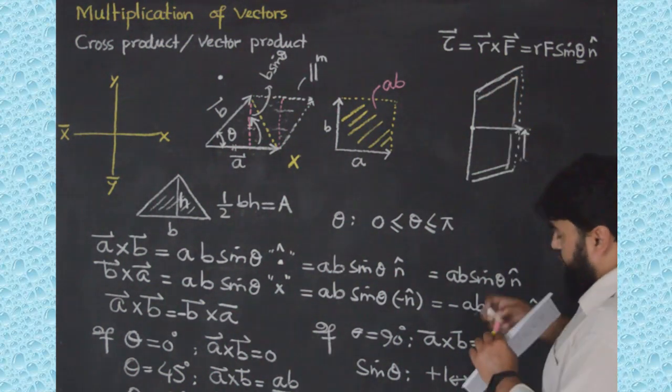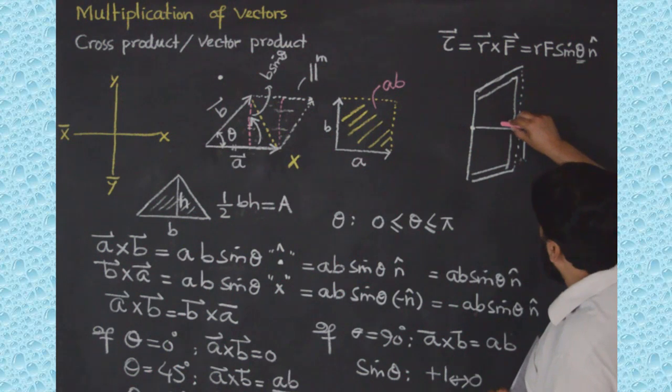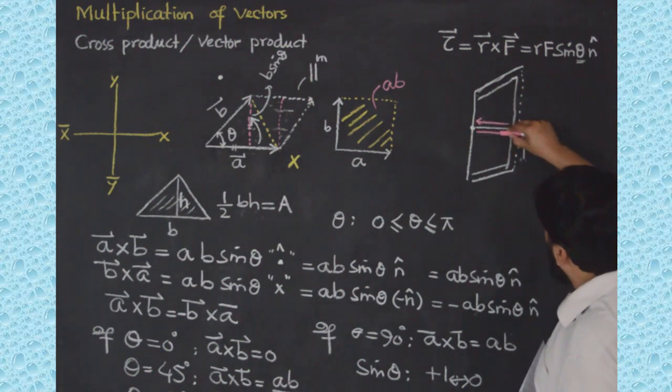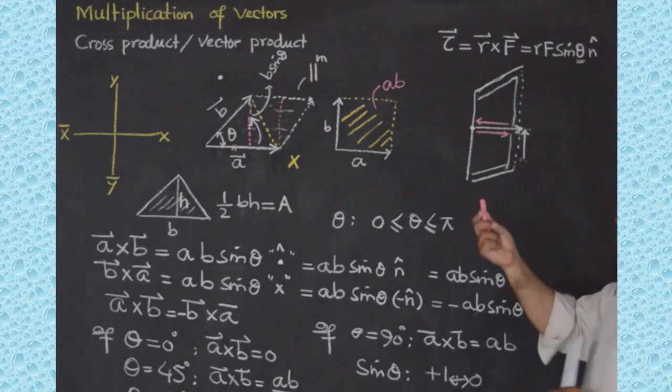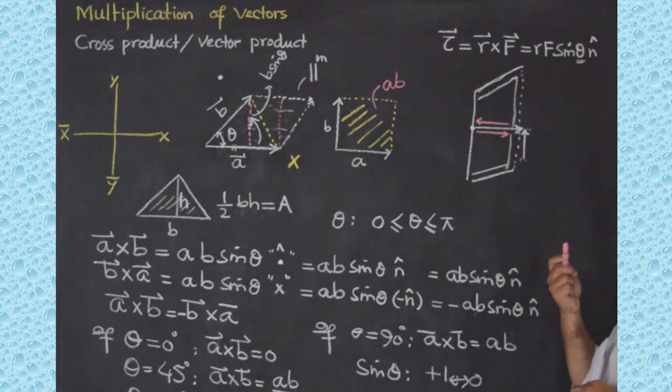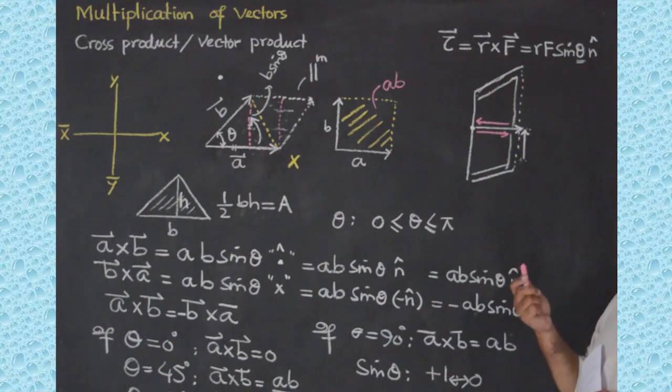Now if the force is in this direction, meaning anti-parallel to this one, or I am dragging the door exactly along the moment arm direction, I will not be able to rotate this door.